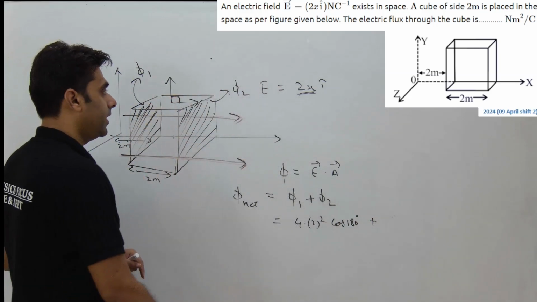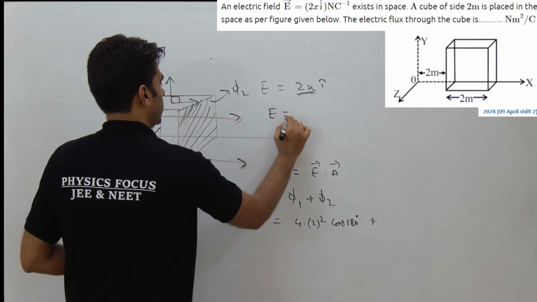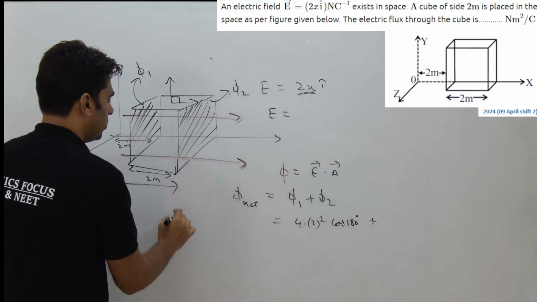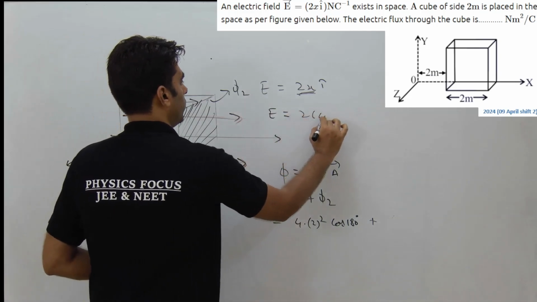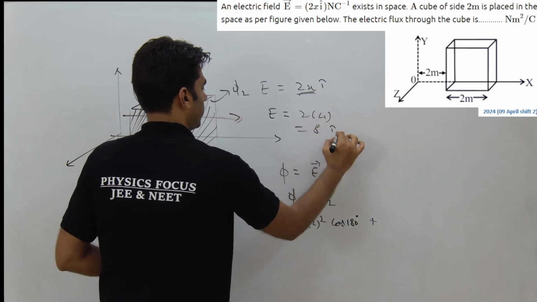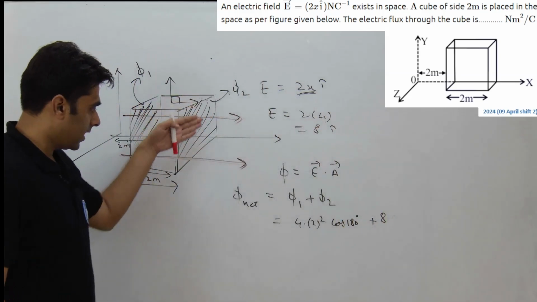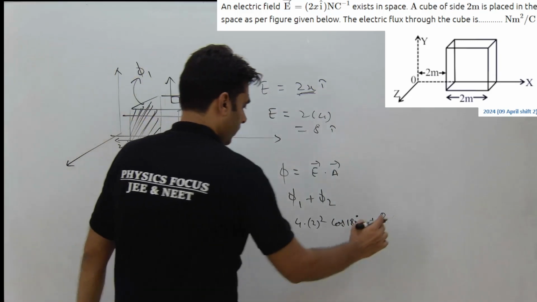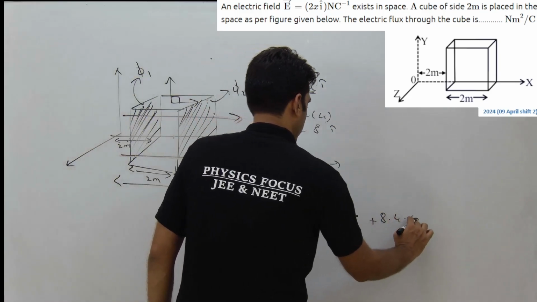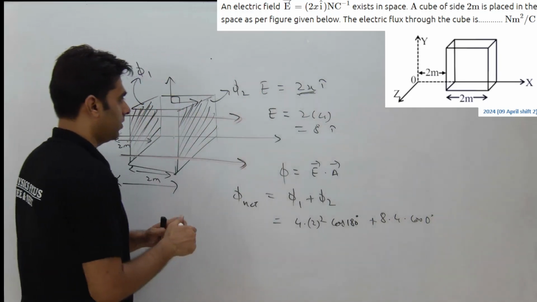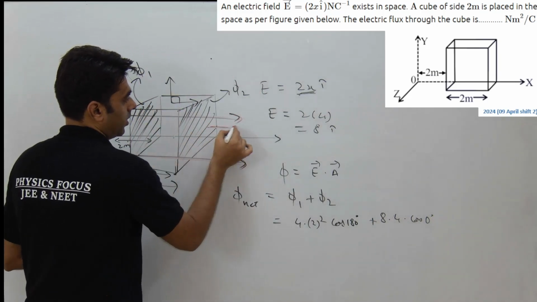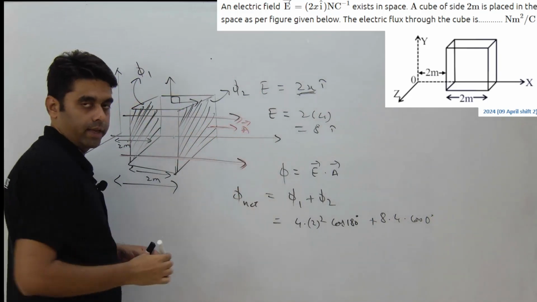Plus phi 2. How much will it be? Electric field at this distance comes out to be 4. So 2 into 4, that is 8 i cap. So this is 8 into area, again 2 into 2, 4, into cos 0, because the area vector for this one will be outward like this, right?